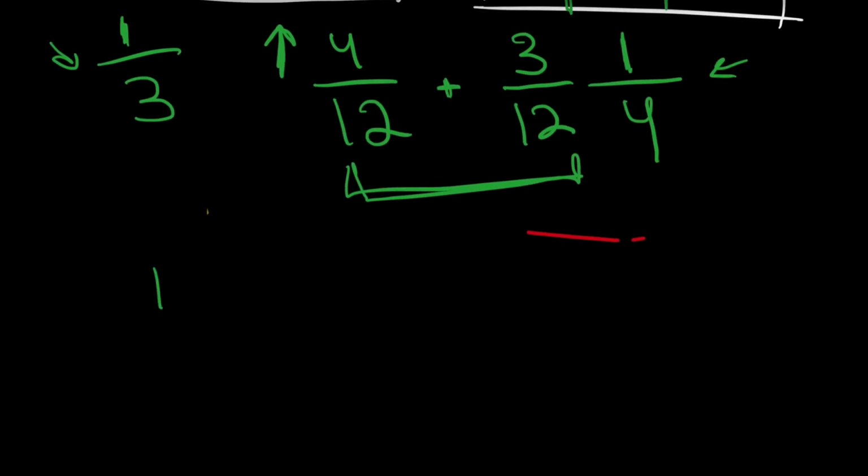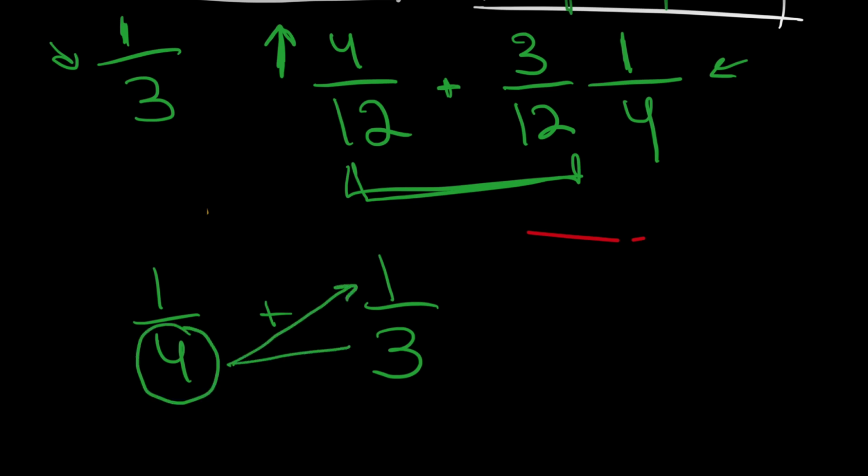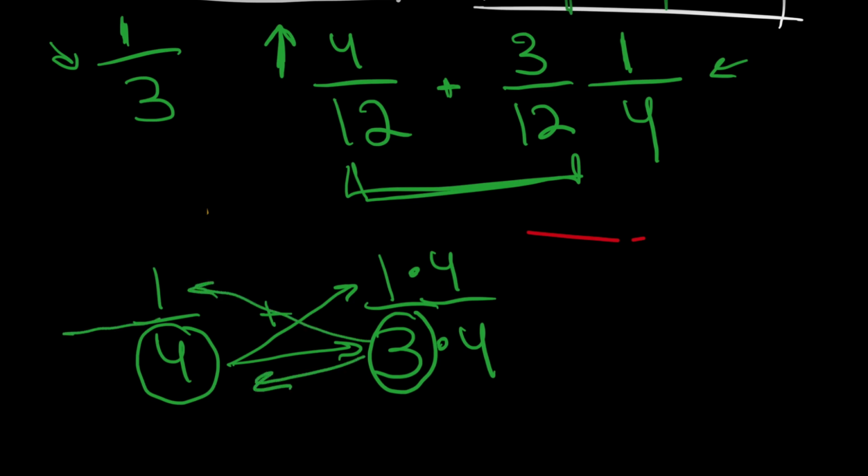So let's look at both of these fractions again. Now, what we're actually doing here is taking the first fraction's denominator and multiplying it by the numerator and denominator of the second fraction. And we're doing the same thing to the second fraction. We're taking the denominator of the second fraction and multiplying it by the numerator and denominator of the first fraction.